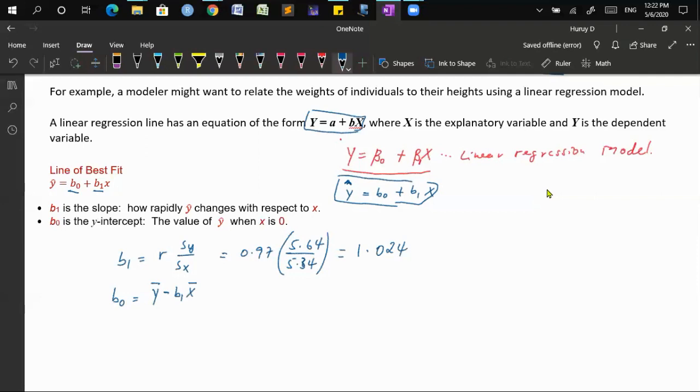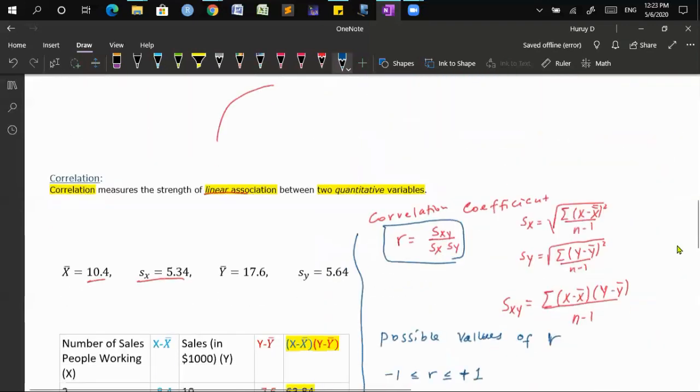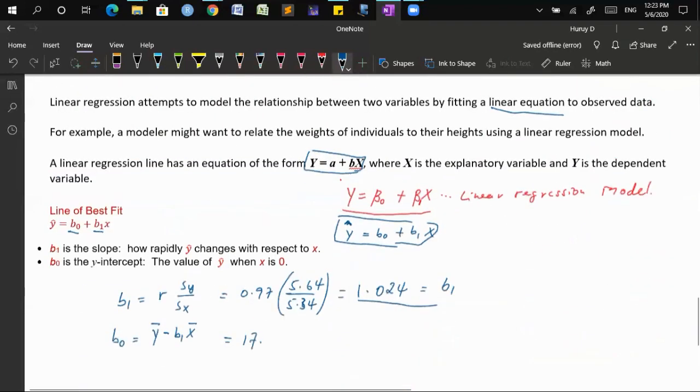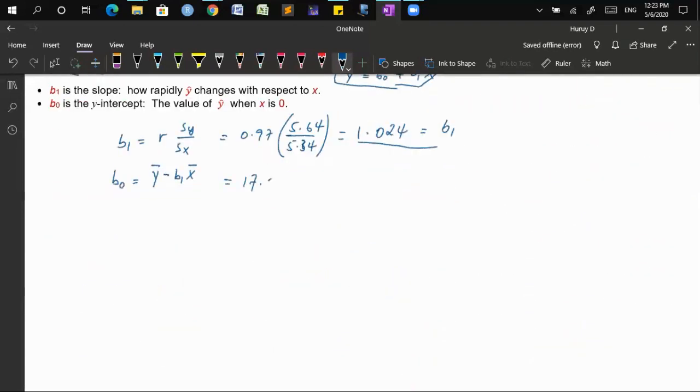Now we already have b1 here; this is my b1. From here I have b1, y bar and x bar, we already have them. Therefore I can calculate this. Y bar is 17.6 and x bar is 10.4, minus b1, which is 1.024, times 10.4.